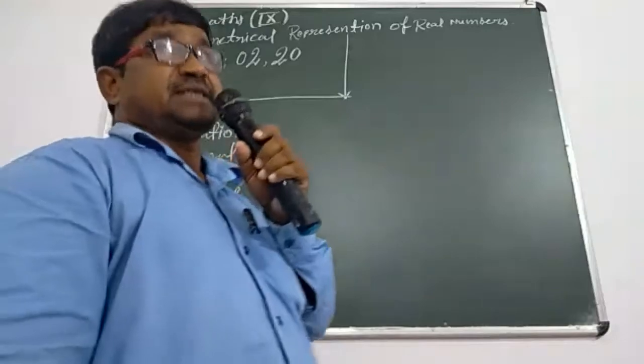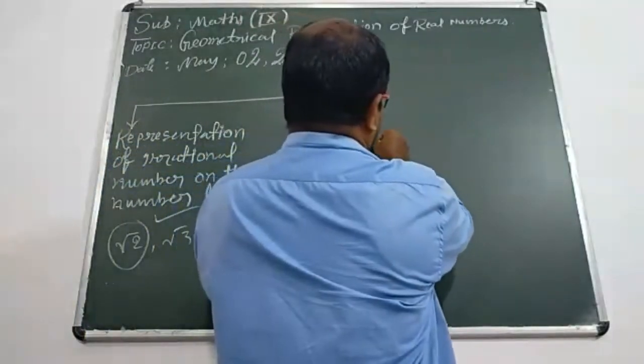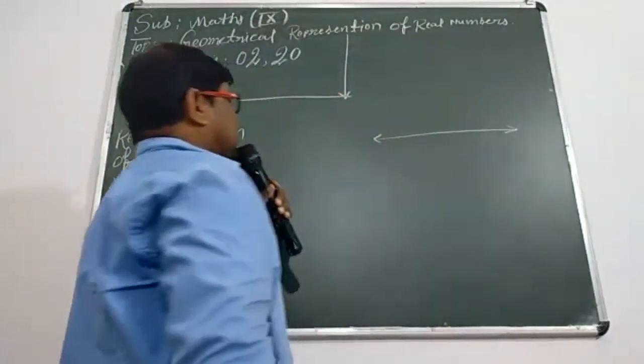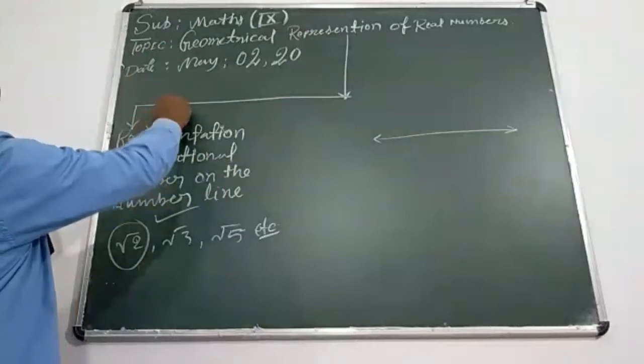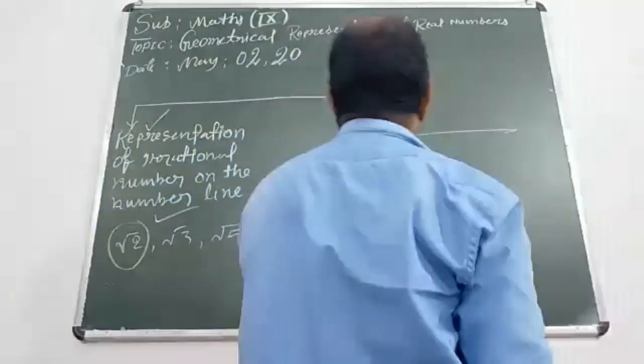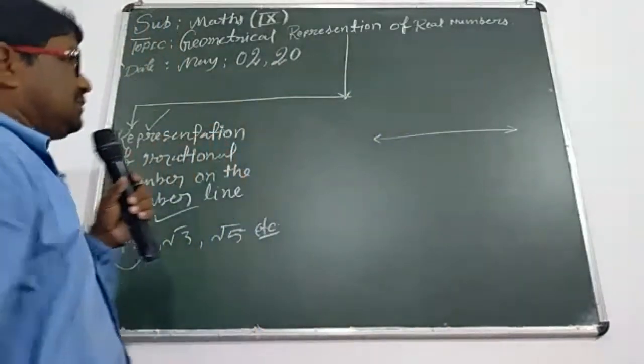You want to represent it on the number line. So first, we will draw a line. Mind the geometrical representation of this type.